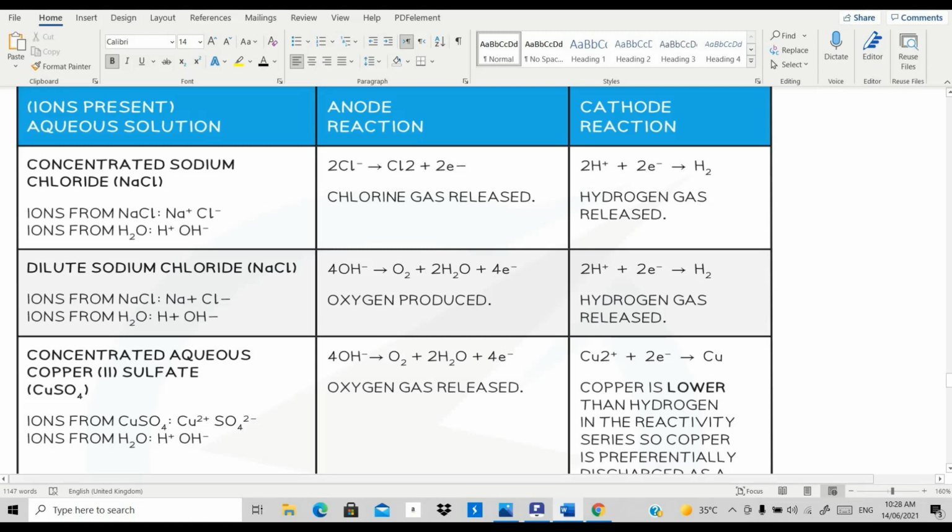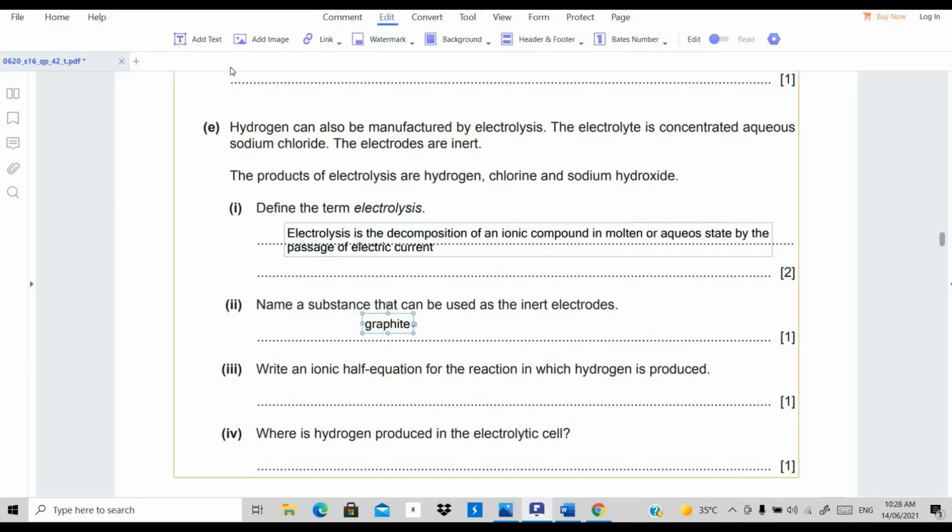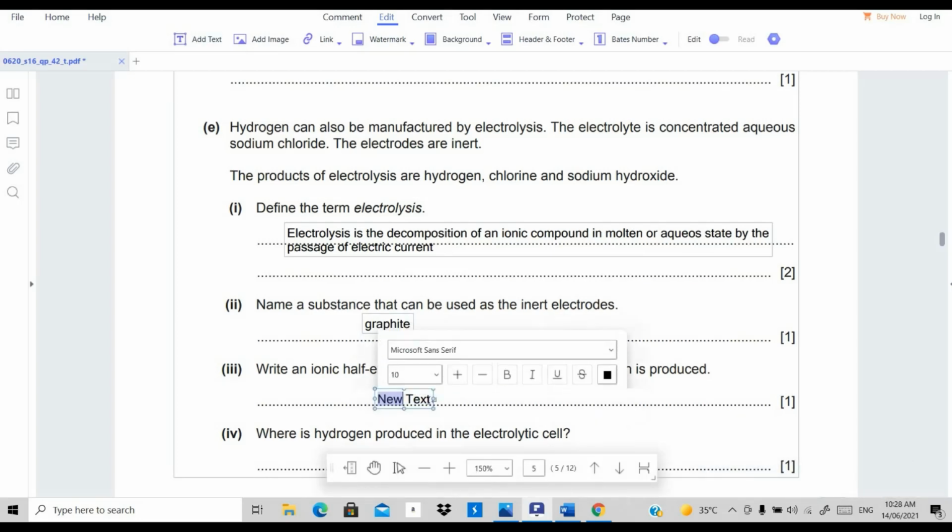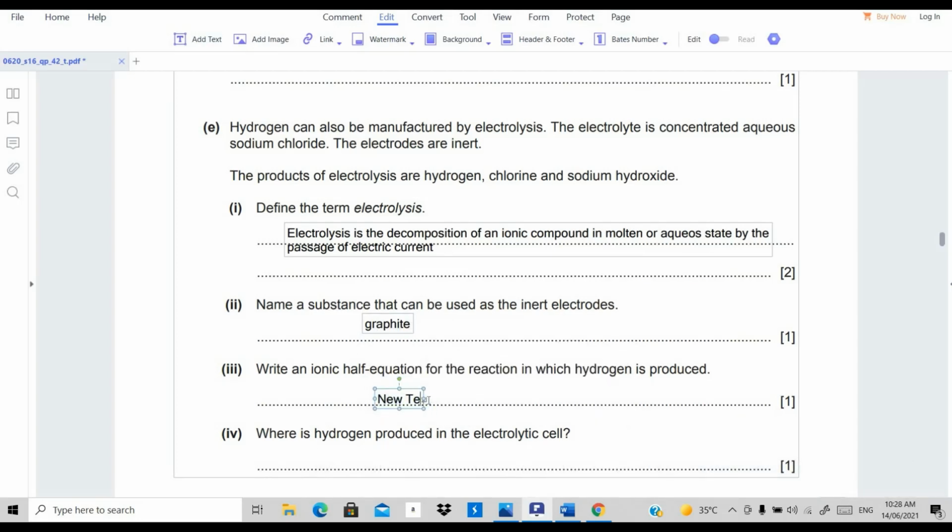So our answer for this question will be 2H plus plus 2e minus gives H2.